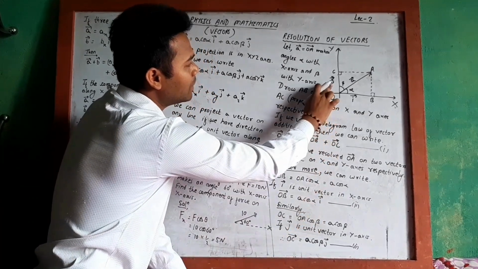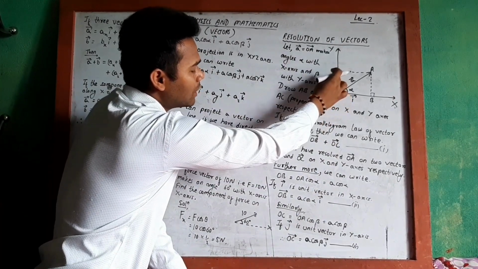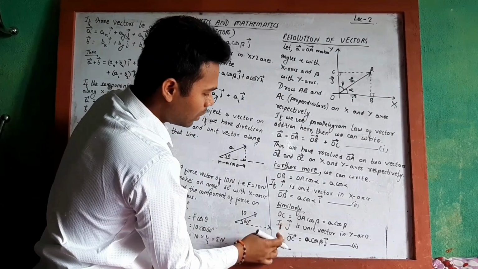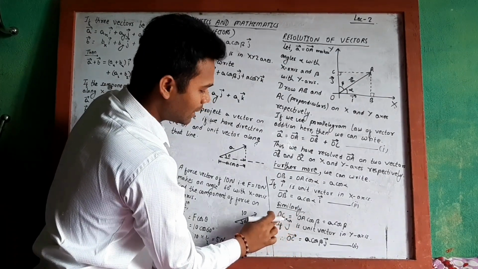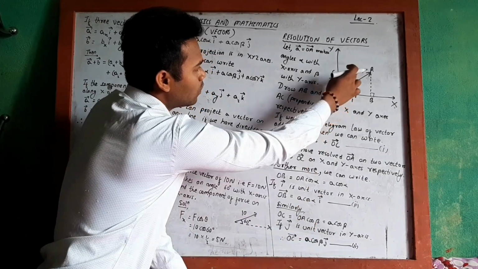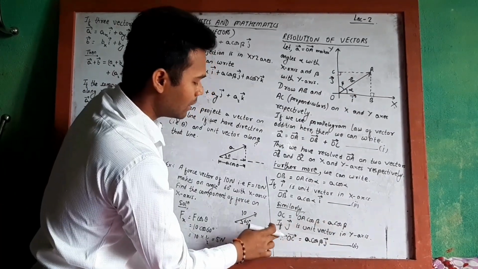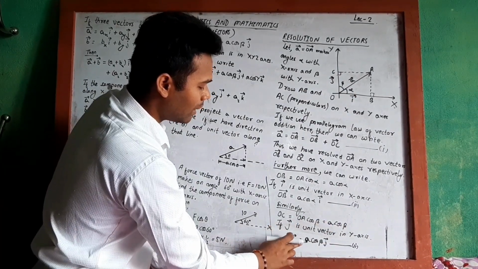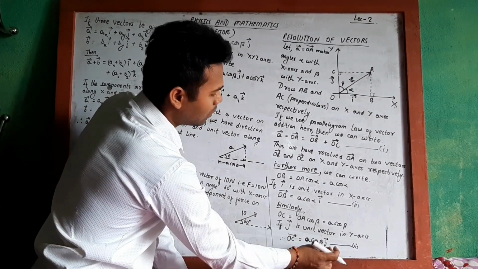Similarly, if j is the unit vector along the y-axis, then the OC vector can be given as the magnitude of OC, which can be obtained by simple mathematics as OC is equal to OA cos beta, where beta is the angle between OA and OC, is equal to a cos beta. We can write the OC vector as the magnitude of the OC vector times the unit vector along the y-axis.